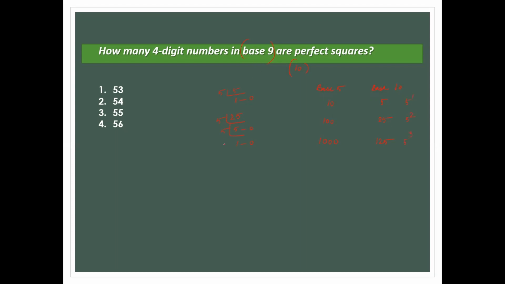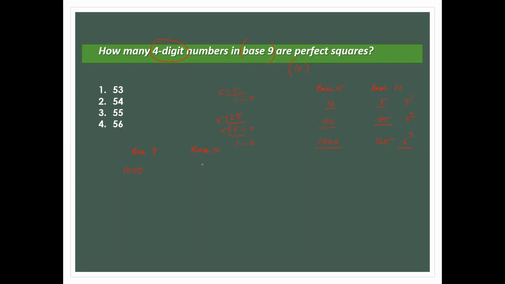Now base 9, we are talking about 4-digit numbers. The least 4-digit number will be 1,000, right, in base 9. And what would be its equivalent in base 10? See, in base 5, if it is 5 power 1, that is 10. This is 5 square, this is going to be 100. If it's 5 cube, then it's going to be 1000.